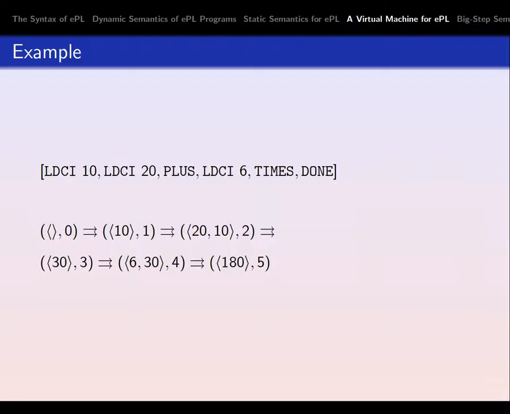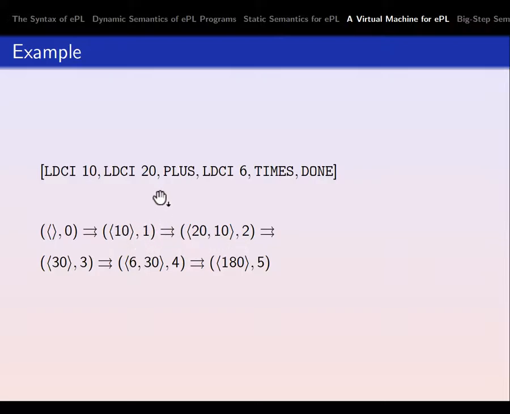All right. So examples. Let's take the program that we have there and we go through a transition. We start from the initial state, which has the empty stack of operands and a PC of 0. LDCI 10 is going to put 10 on the stack. LDCI 20 is going to put 20 on the stack, right? You notice that the PC just increments, goes from 0 to 1 to 2 and so on.